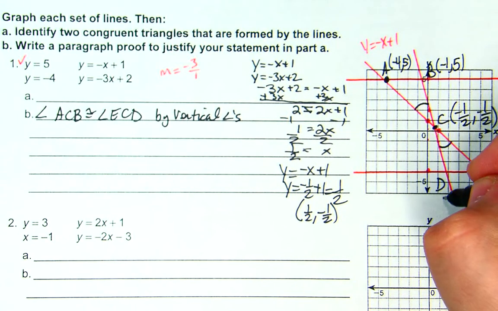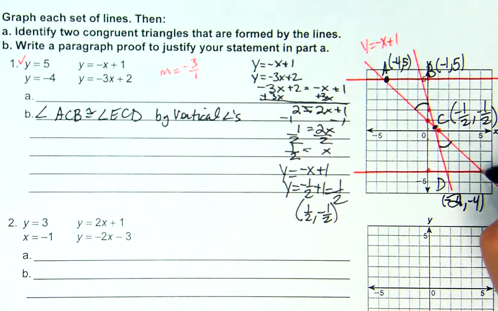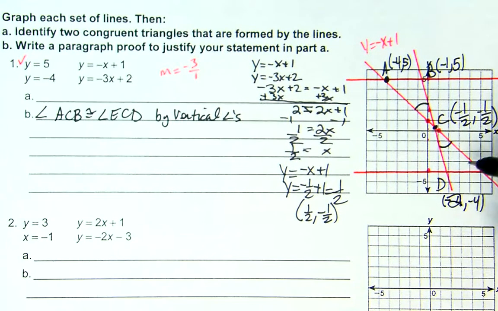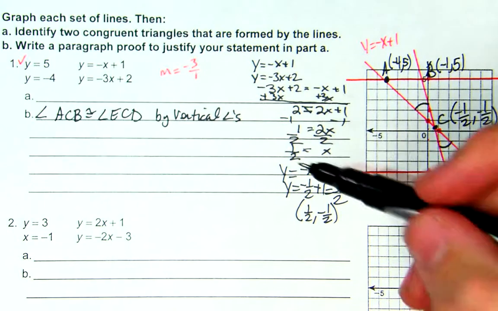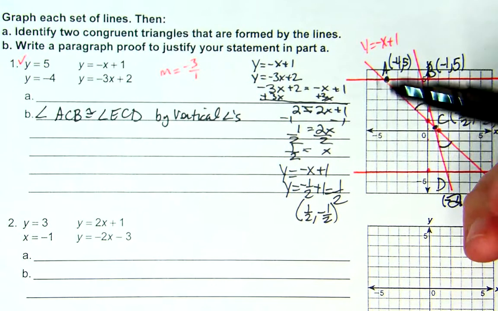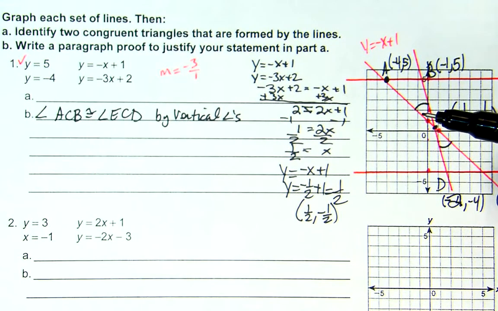D is at 2, negative 4, and E is at 5, negative 4. So now we can find distance formulas for each of these.